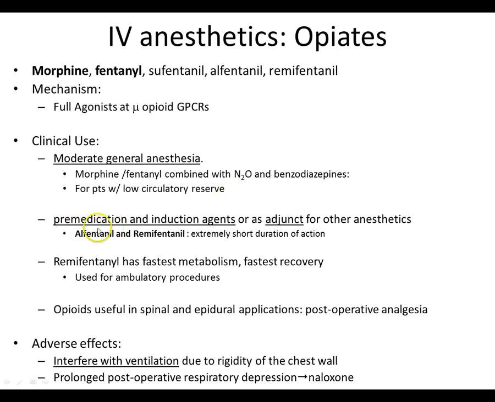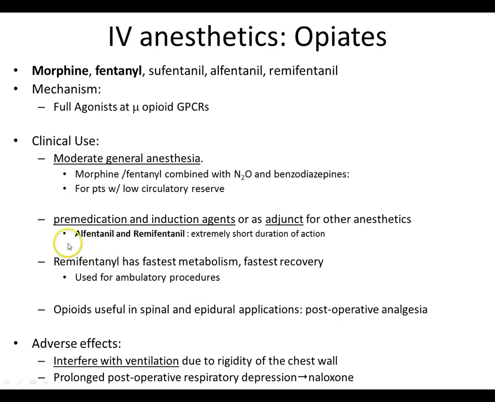They can also be used as a pre-medication and induction agent, or as an adjunct for other anesthetics. So for example, alfentanil and remifentanil have an extremely short, fast duration of action. Remifentanil has the fastest metabolism, so therefore the fastest recovery, and can be used for ambulatory procedures.